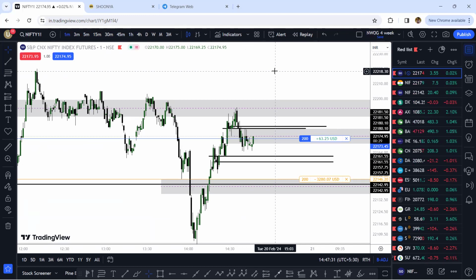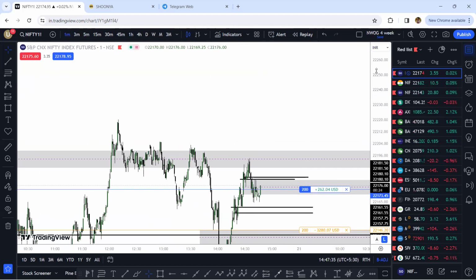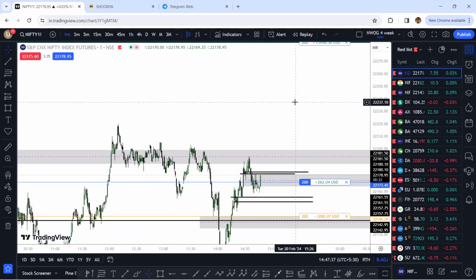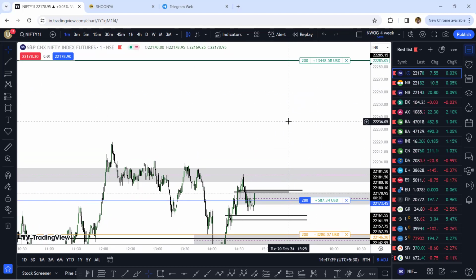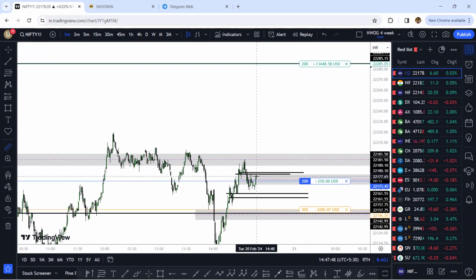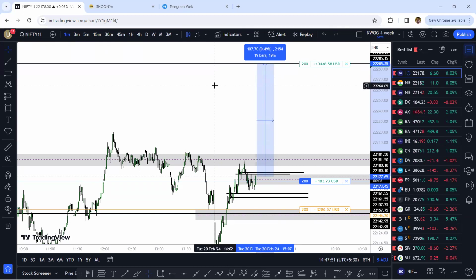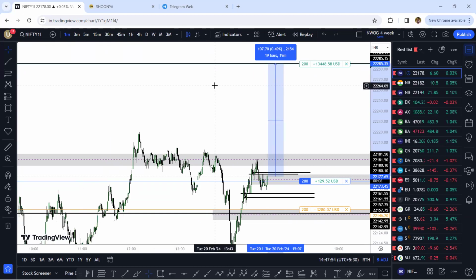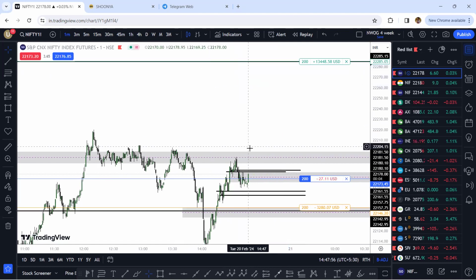We're yet to go a very long way in this trade. I really want to see a run of like how much? 100 points. That's going to be wonderful. That can only take place if the price can go above this.